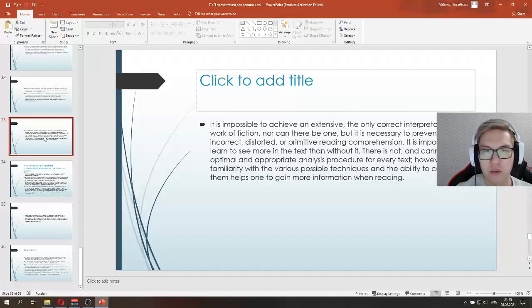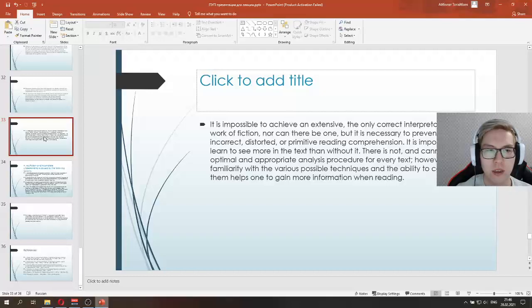It's impossible to achieve an exhaustive, the only correct interpretation of a work of fiction, nor can there be one, but it's necessary to prevent incorrect, distorted, or primitive reading comprehension. It's important to learn to see more in the text than without it.